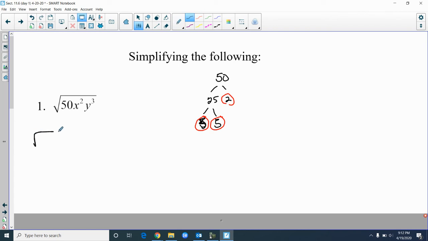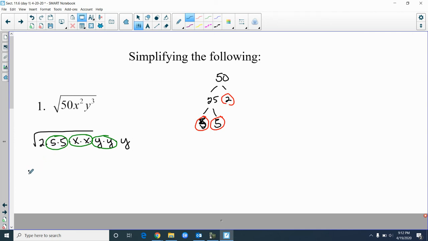So I go back here. I always like to put the smallest one first, 2, and then 2 5s. All right, well, you can do this. Hopefully you don't need to, but you can write out the variables. X squared means I have 2 x's. Y cubed means I have 3 y's. Got to do the buddy system. Anytime there's a pair, they go on the outside.